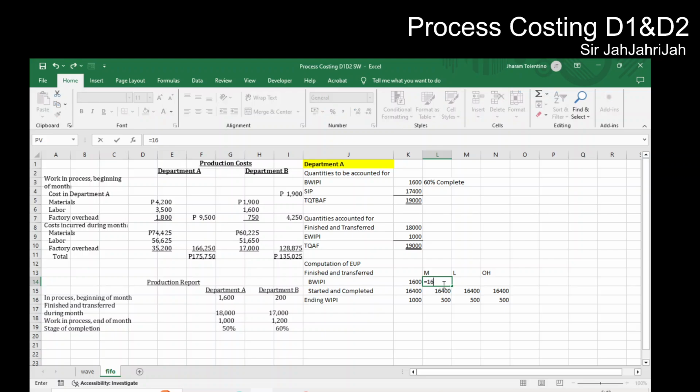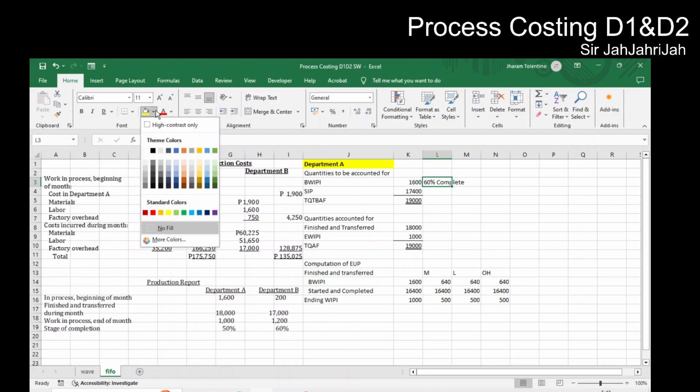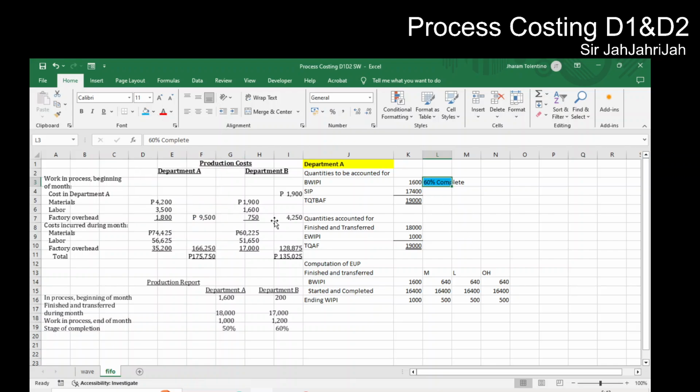So all you need to do is multiply 1,600 times 0.4, or 40%. So we get 640. This one is not yet given, so I'll be giving the percentage. So this is our first what if, 60% complete.